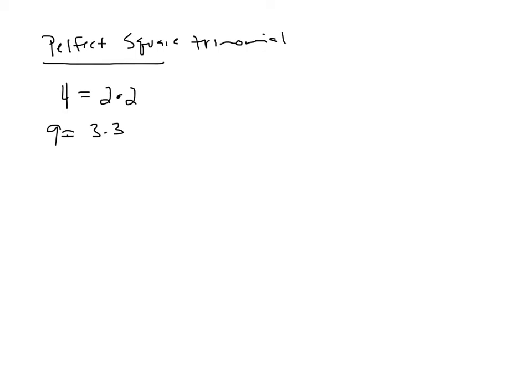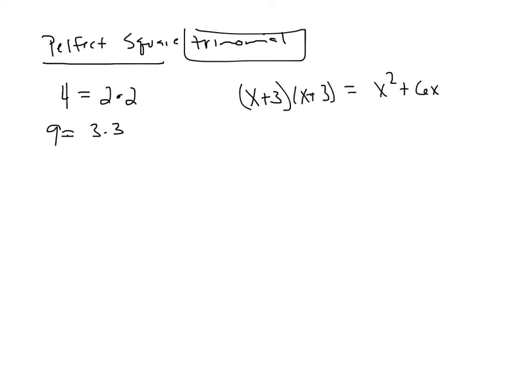So now if we add the trinomial piece, the idea is, if we have two factors that are the same multiplied together, they're going to create this quadratic. This quadratic is a perfect square trinomial because if we factor it, it's going to equal two factors that are the same.